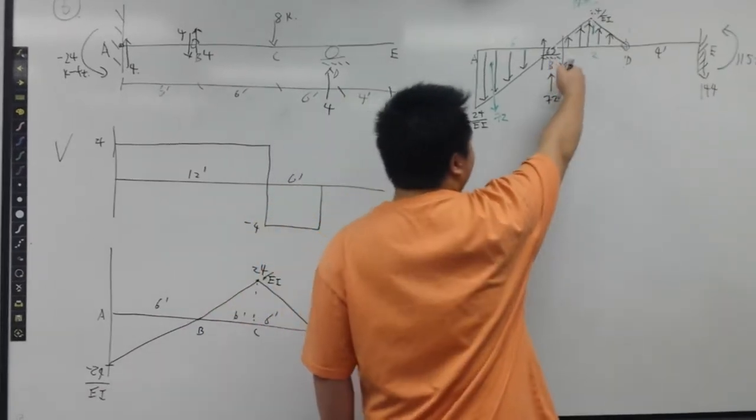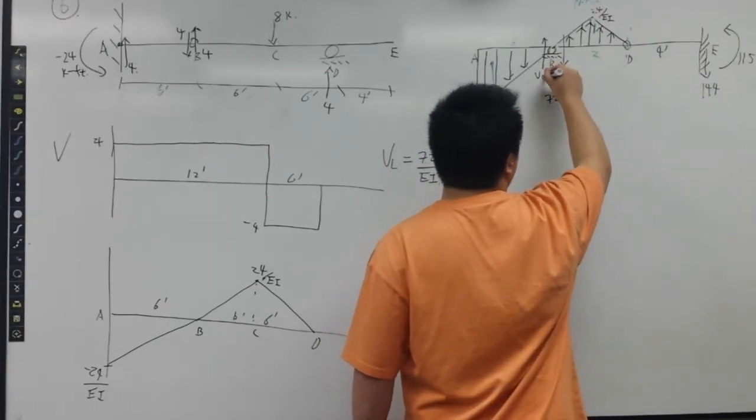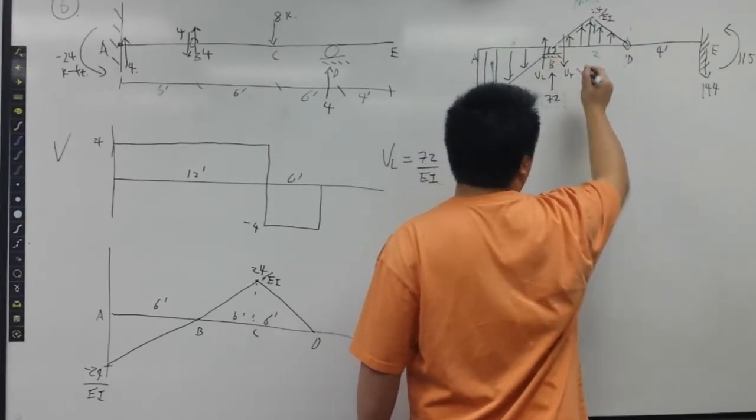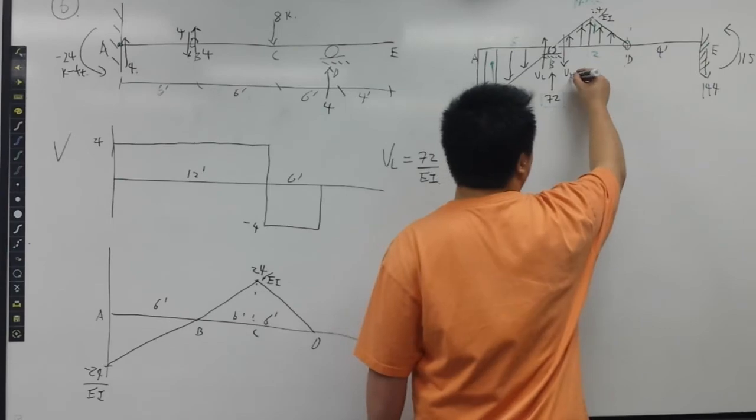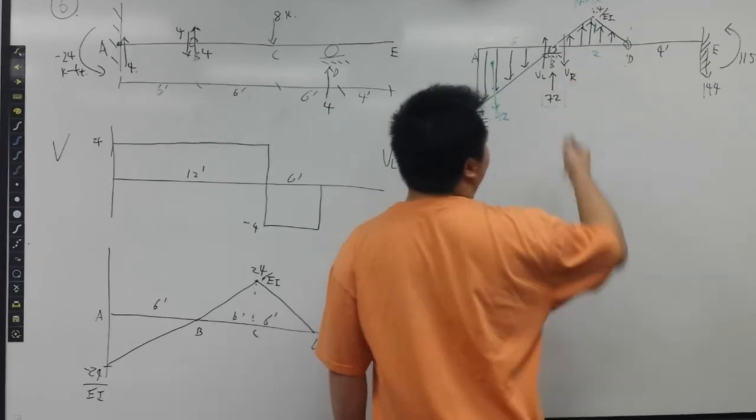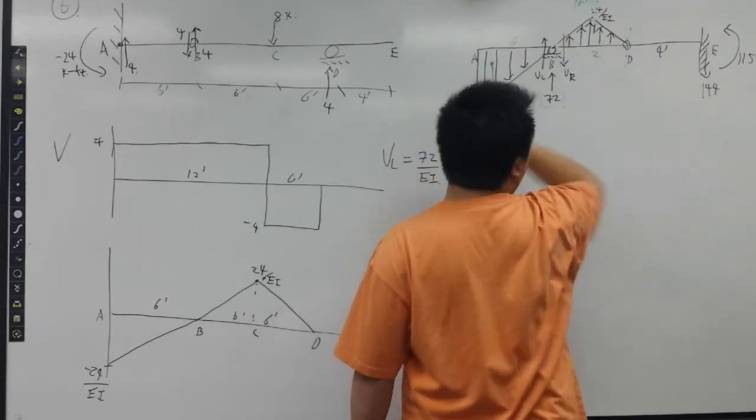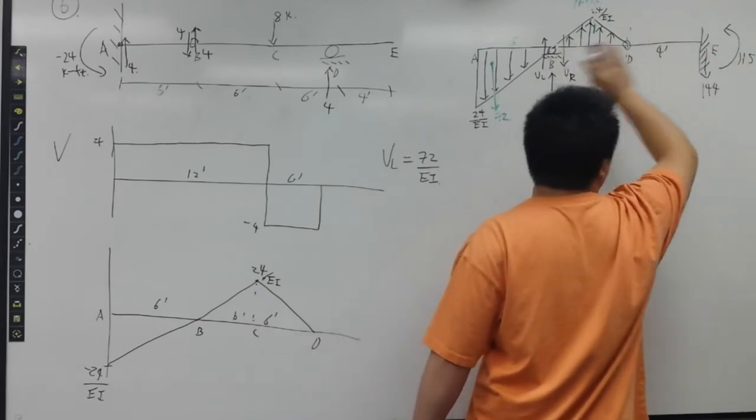Now, we're going to find this one. This one's VL, this one's V right. So capital letter. So we make a cut. We ignore that part. Let's consider all the loads from this side.